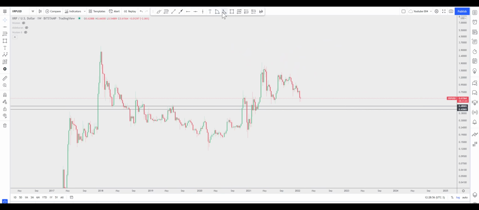XRP went almost flat following Bitcoin. And Bitcoin went down following the US stocks or Dow Jones. Okay. So he's also not acknowledging that the interest rates will go up.